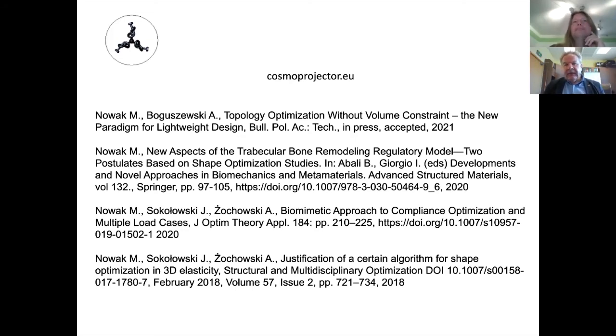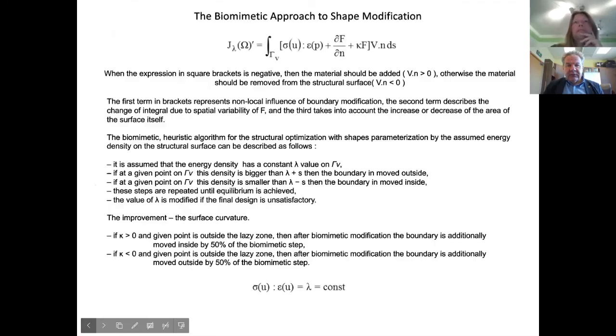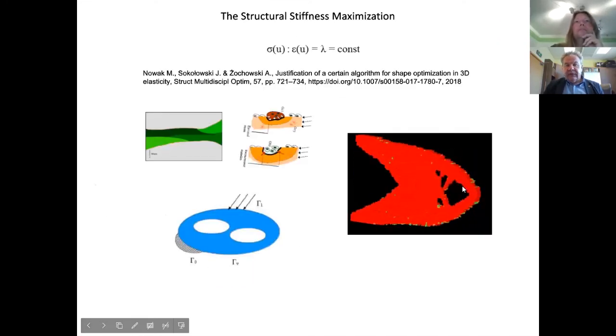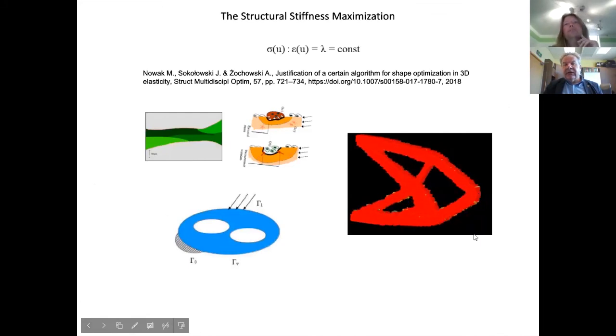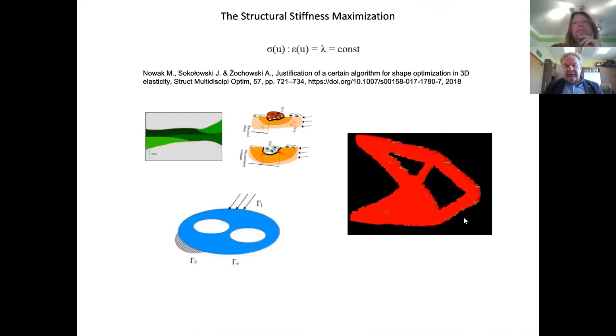Yeah? And if you put the same rule to the mechanical design, it was presented here. Here is only one force, and this is the process of bone remodeling, more or less.